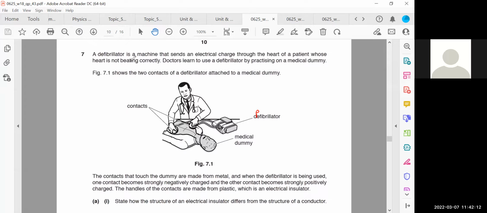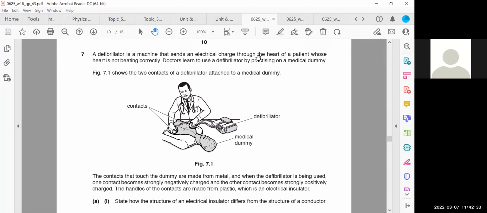Okay, question number 7. Please read the first part, children. Defibrillator.